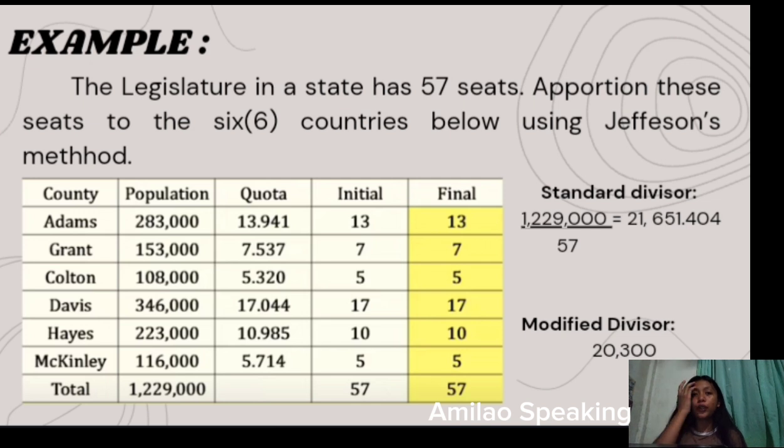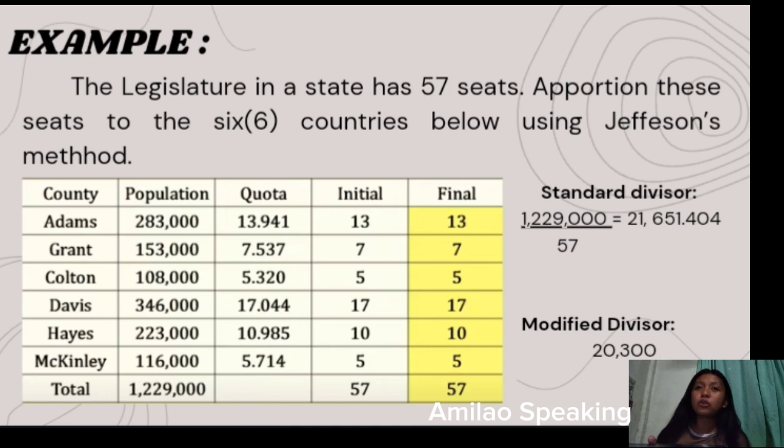So for the initial column, we just cut out the decimal point. The quota of Adams is 13.07, so the initial is 13. And so on for the other countries or other variables in a problem.